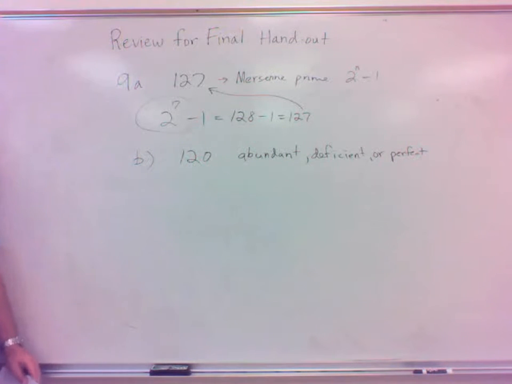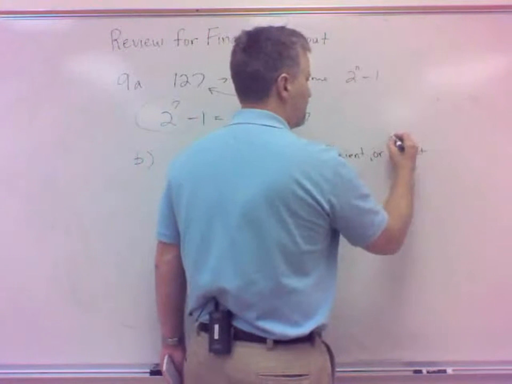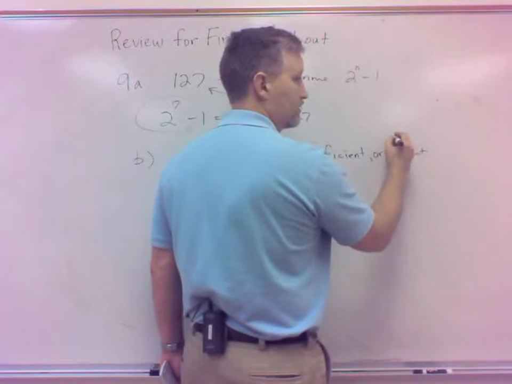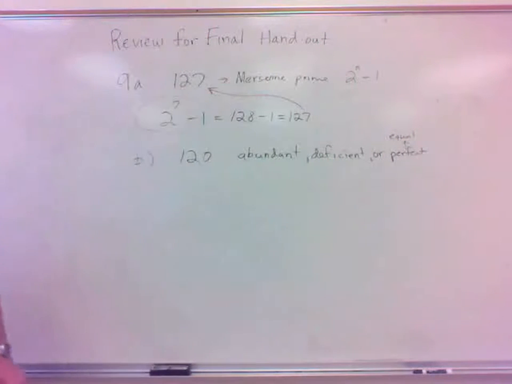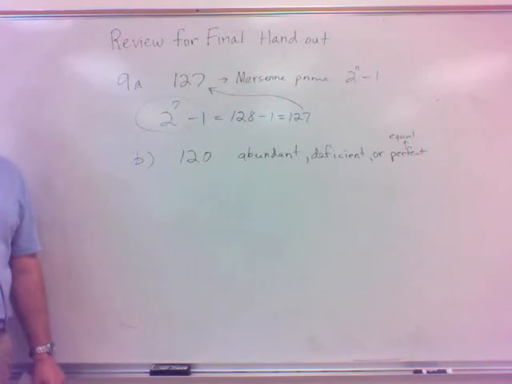You sum the proper divisors. Yeah, all the divisors up to that number. And perfect, the proper divisors are equal to the number itself, right? How do abundant and deficient work? Well, it's abundant if the proper divisors sum to more, deficient if the proper divisors sum to less. Okay?